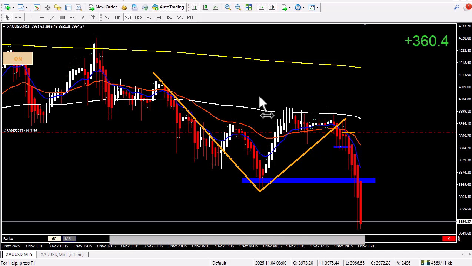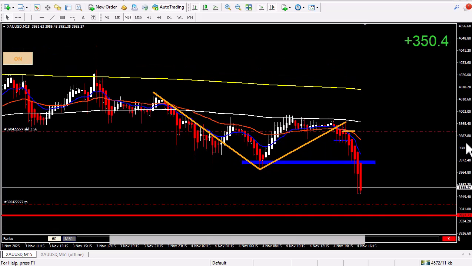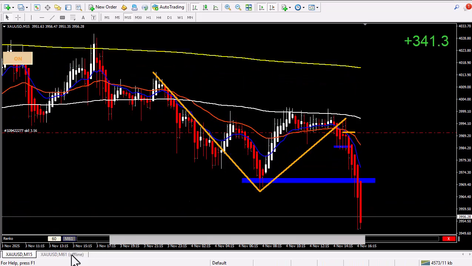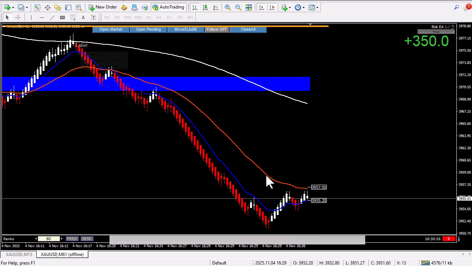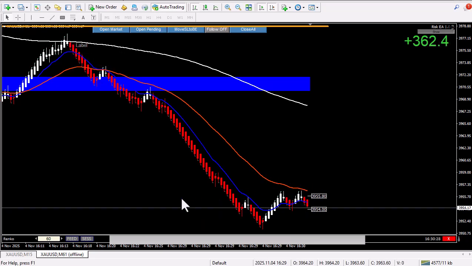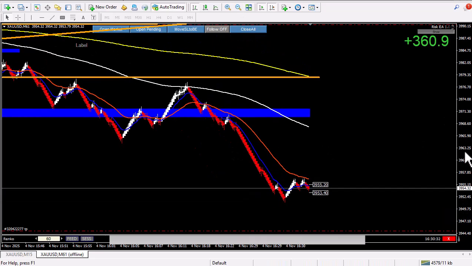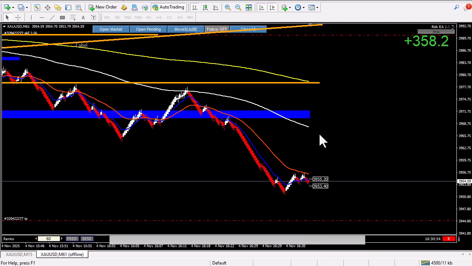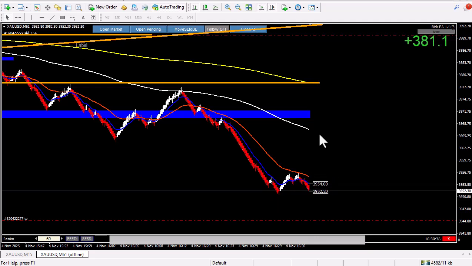Let's see how it goes. Also look at the Renko when we are close to the target area. You see, oh, big. This moment was just red candle, red candle. How many red candles? We are close to the target area.